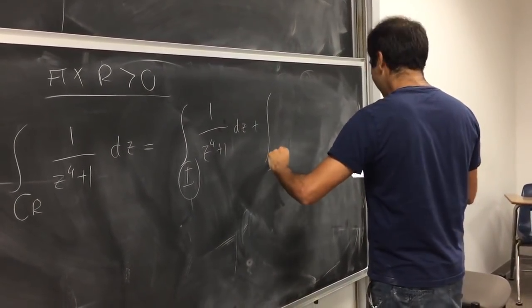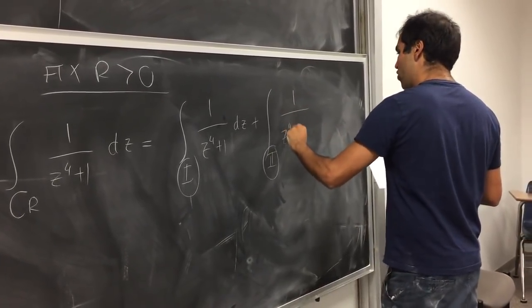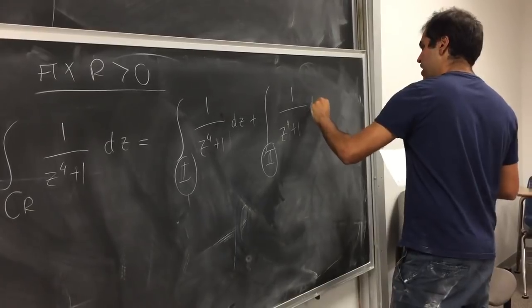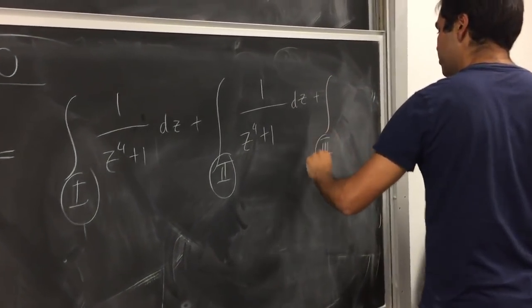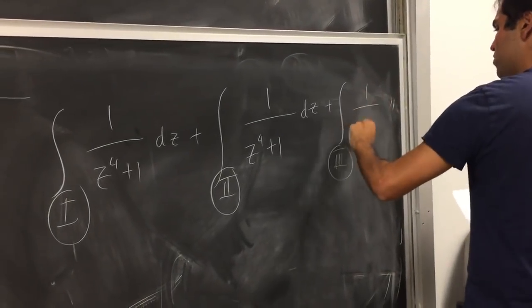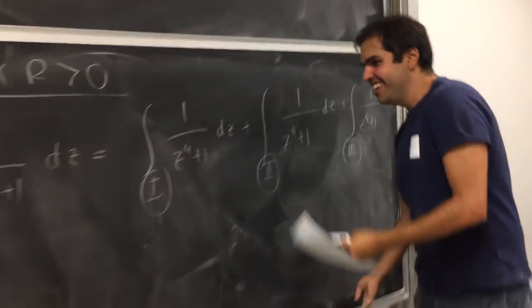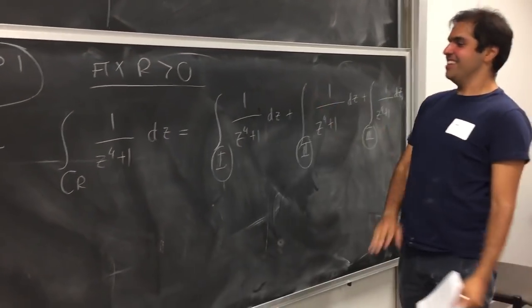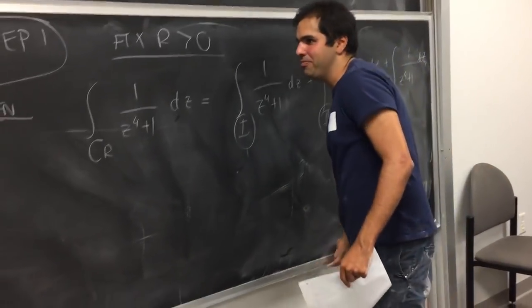Then the integral over the second part of the curve, 1 over z to the 4th plus 1 dz, plus the integral over the quarter circle, 1 over z to the 4th plus 1 dz. You can guess, we will calculate this integral, this integral, this integral, and then we'll calculate this integral.